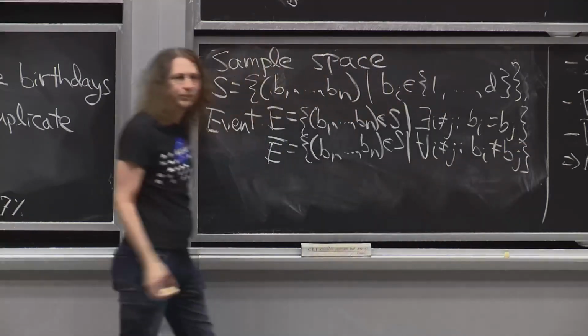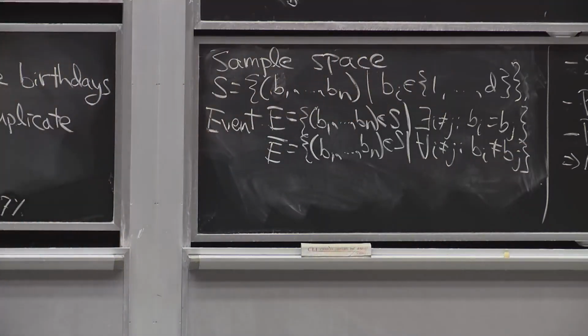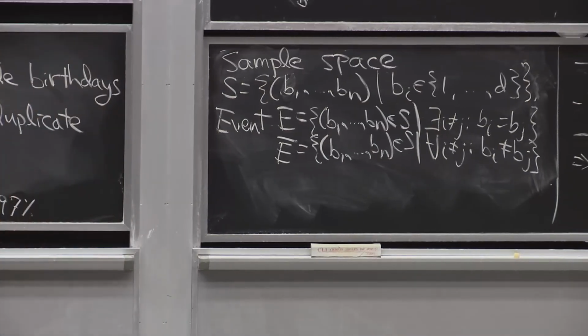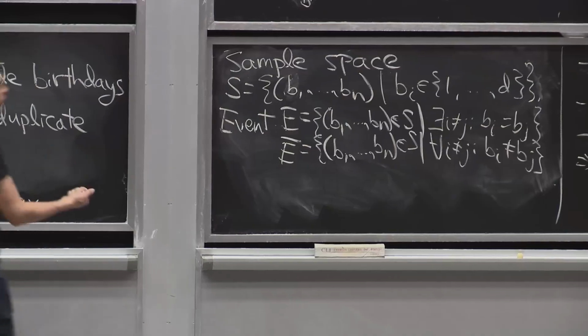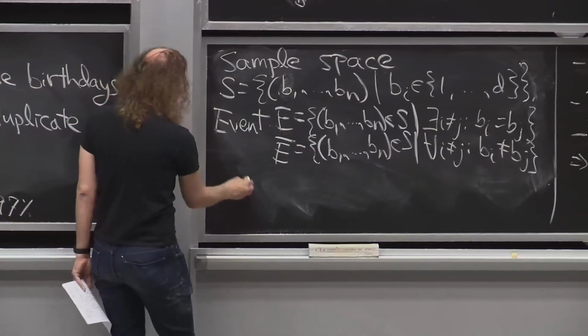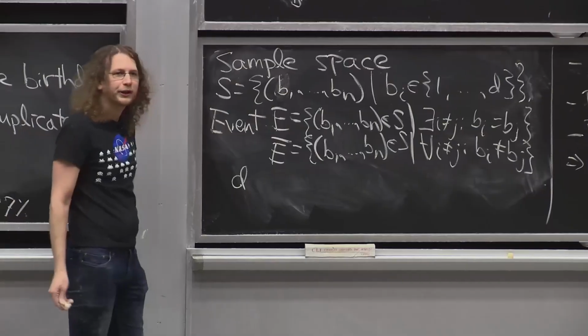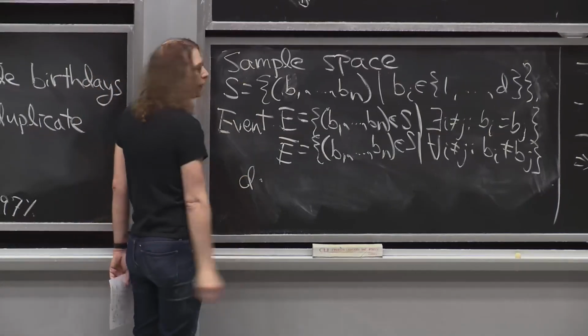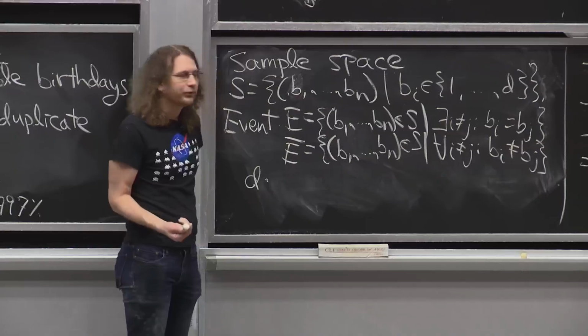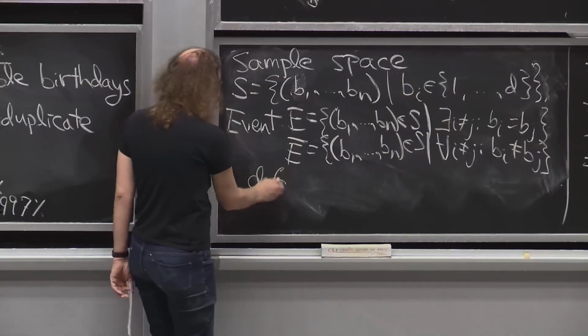This is easier to think about as a process. If we think of this going back to the generalized product rule, we want to know how many different ways there are to do this, where the first birthday that I choose could be anyone. I don't care. There's d different possibilities for the first birthday. Then the next birthday, there's d minus 1 options if I want to avoid duplication.